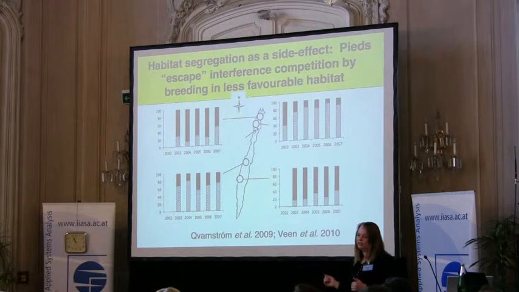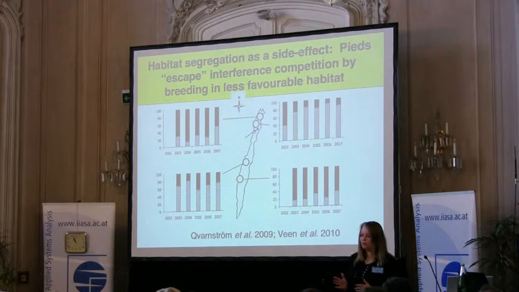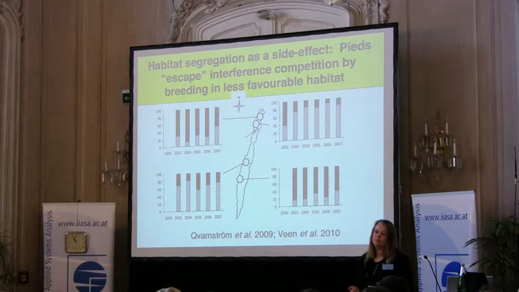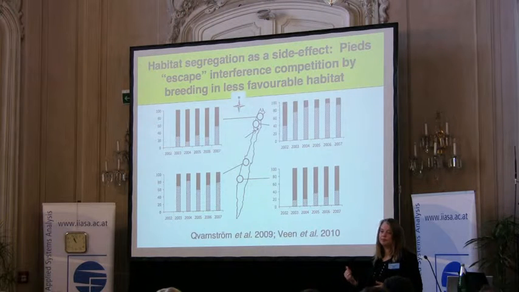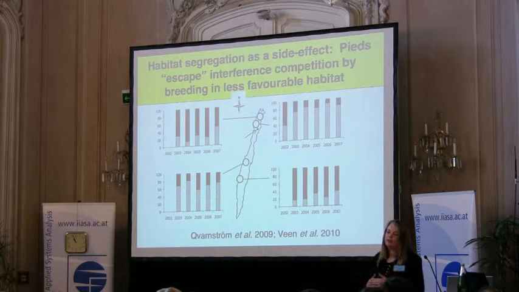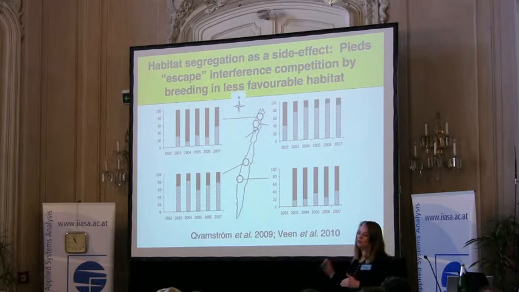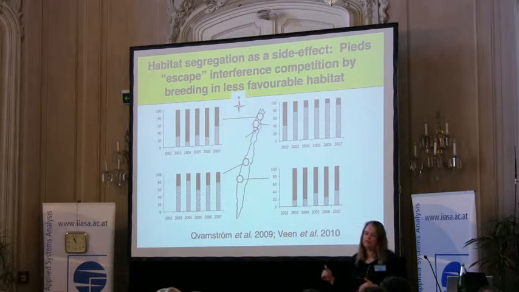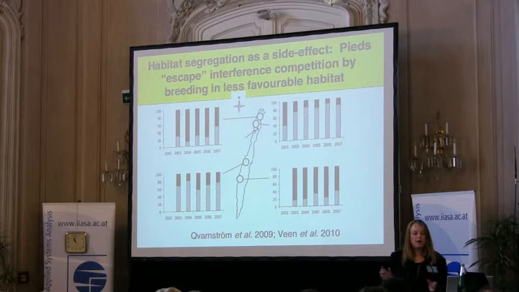Because collared flycatchers are more aggressive, they push pied flycatchers away, but because pied flycatchers have certain woodlots that are lower quality, they can remain there because their offspring do better in this type of habitat compared to collared flycatchers. So even if they would prefer the same habitat, they can still cope with the poorer conditions in more pine-dominated areas.